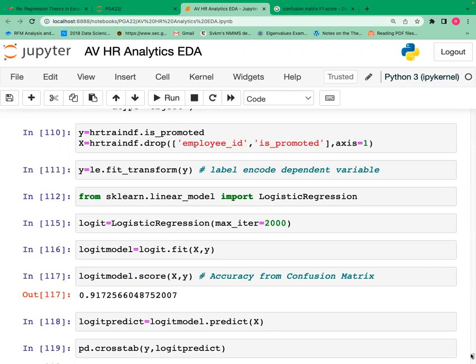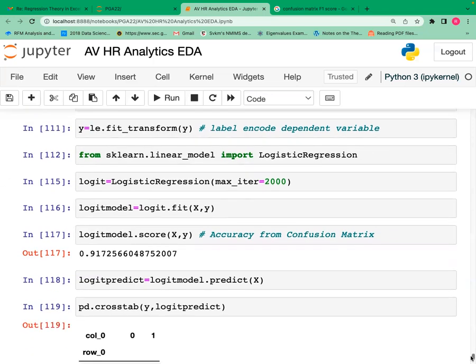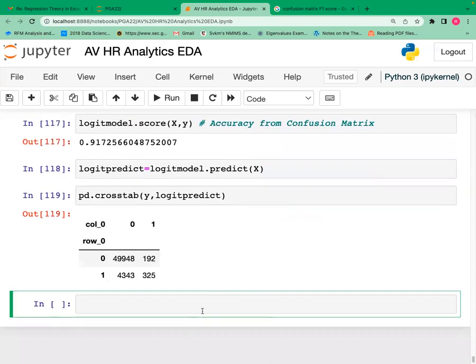Okay. Now calculate the accuracy. Horizontal are correct predictions, no? Sorry, diagonal. The diagonals are correct predictions. Rest of all are wrong predictions. So if you can check here, 49,948 plus 325 divided by all. 49,948 plus 192 plus 4343 plus 325.